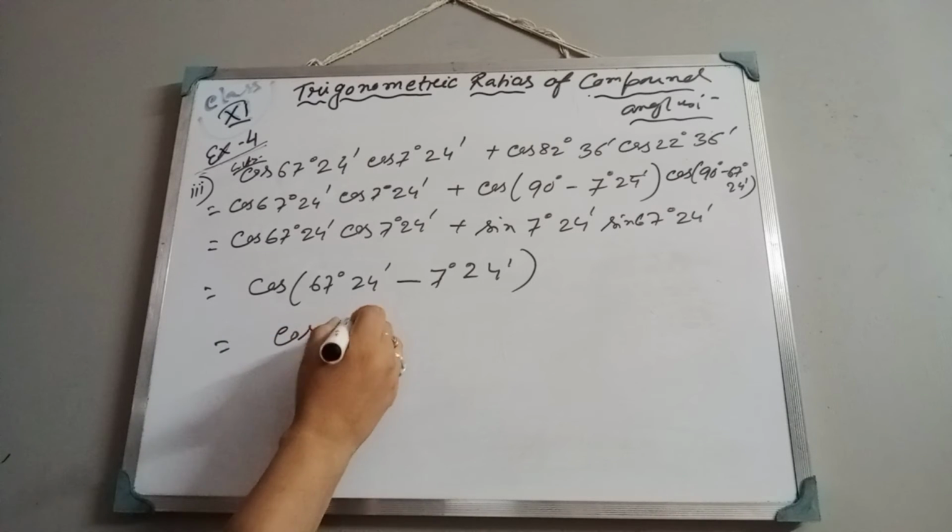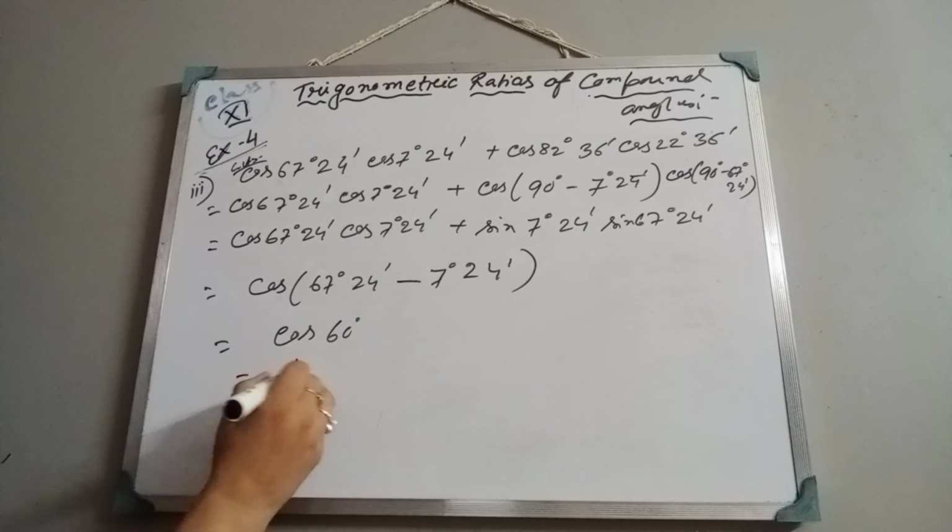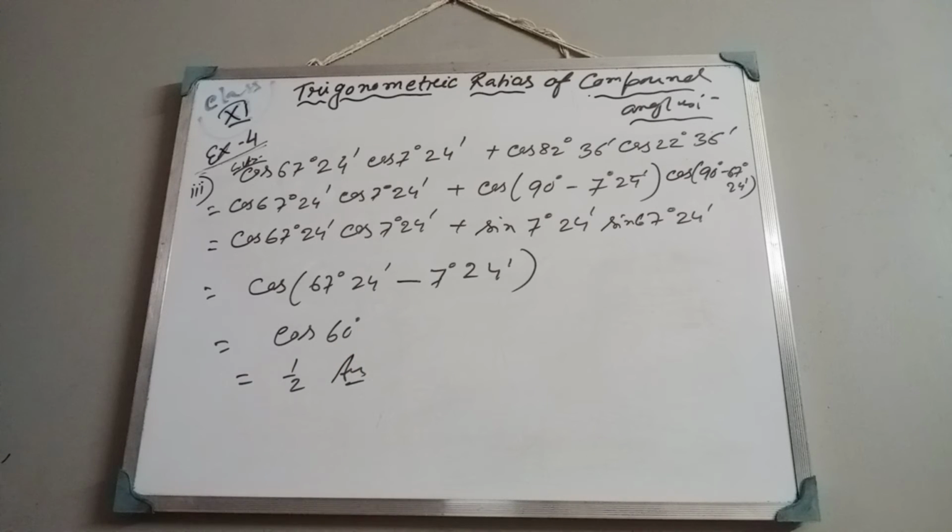So it is coming cos 60 degree. Cos 60 degree value is half. I think now it's understood.